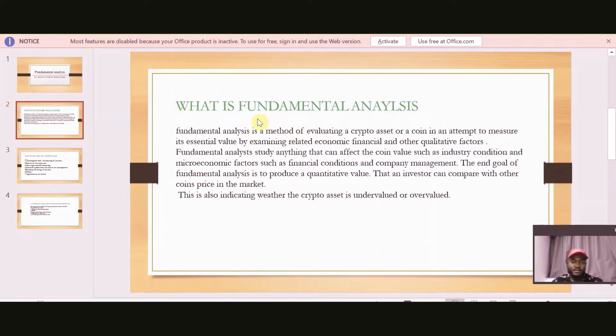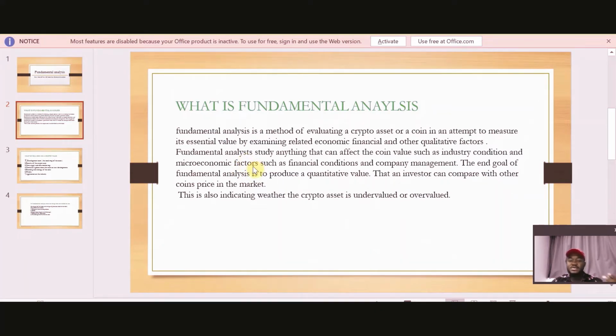So guys, what is fundamental analysis? Fundamental analysis is a method of evaluating a crypto asset or a coin in an attempt to measure its essential value by examining related economic, financial, and qualitative factors.